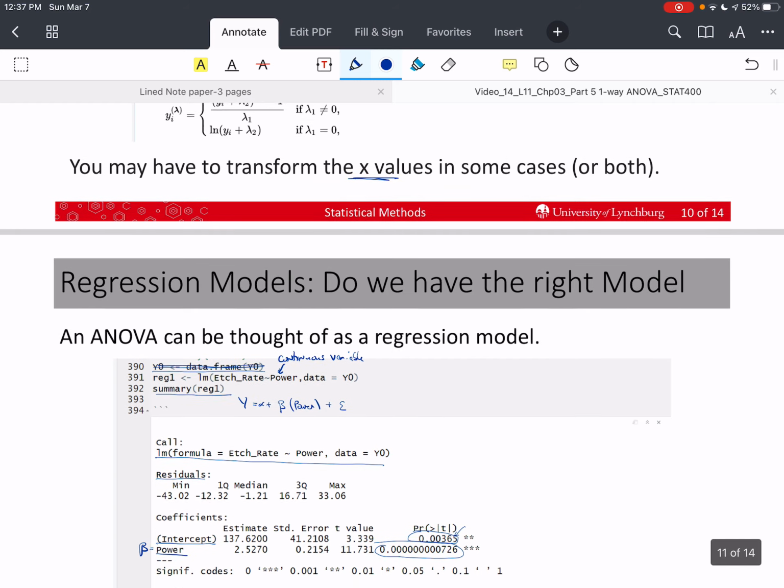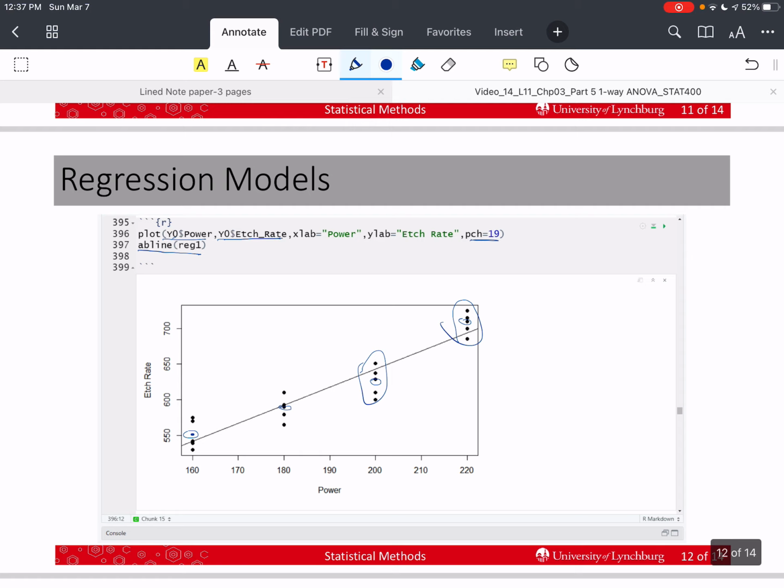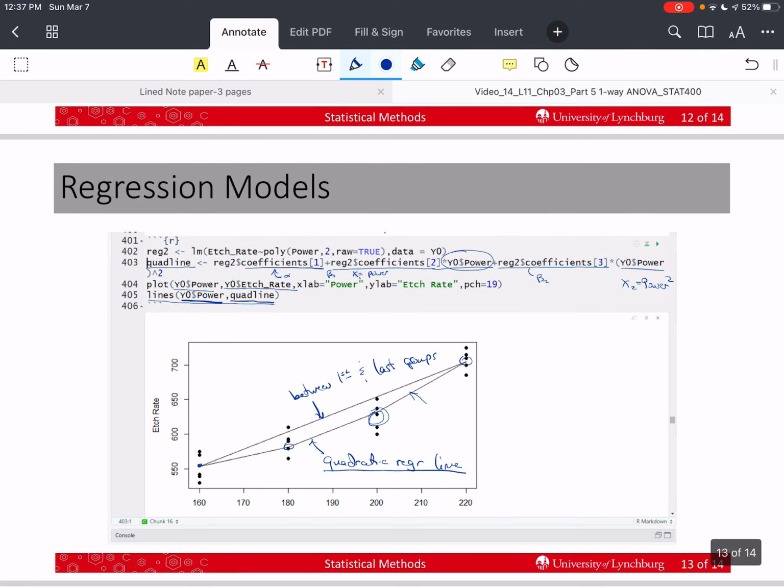And so in our case, I didn't put the line, the equation of the line here, but we may want to change this to a two-way Anova and use power and power squared. And then perform the Anova that way. But interpretation would be a little more difficult, wouldn't it? It's a little more difficult to explain a quadratic line here than it is just a straight line, right? So we could do that and correct for the shape.